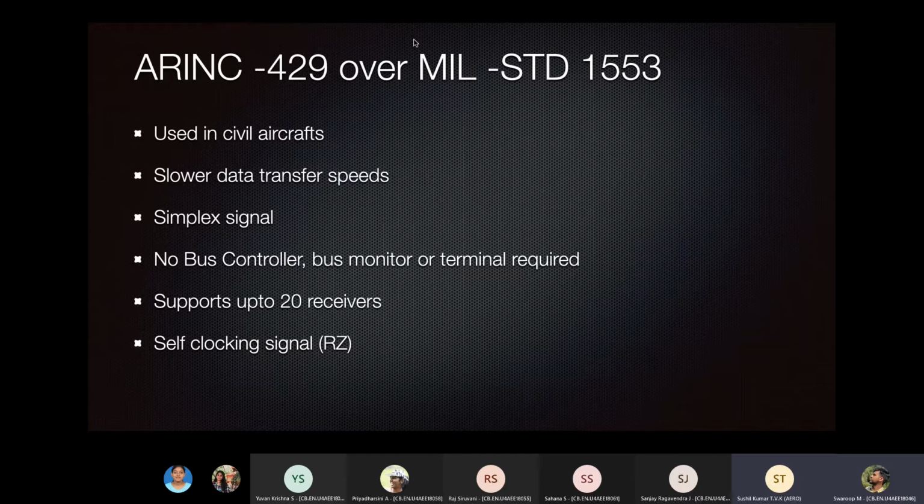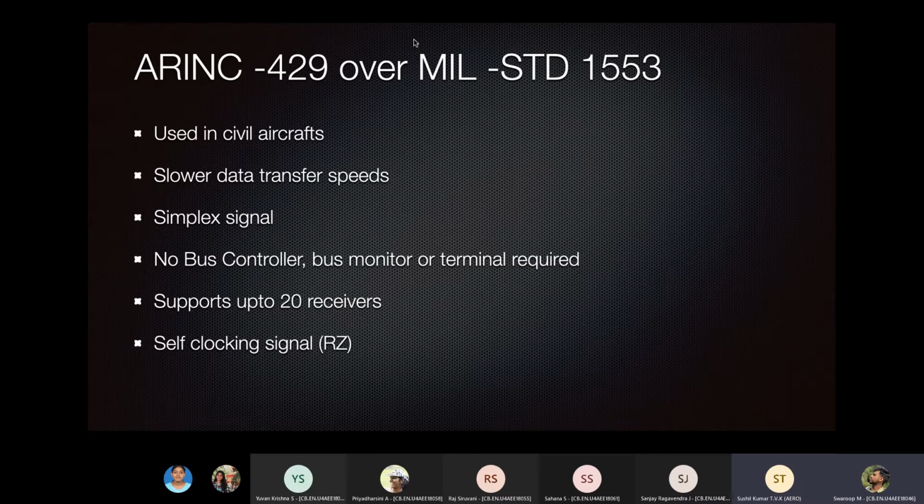ARINC 429 has very slow transfer speeds, going up to only 100 kbps, but the military standard goes up to 1 mbps. And as I said before, ARINC is a simplex signal, that is, a unidirectional bus. So communication can only happen in one direction, from a transmitter to a receiver.